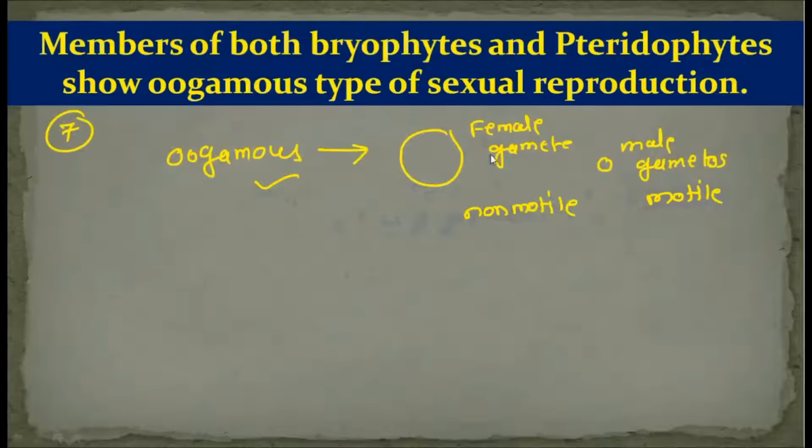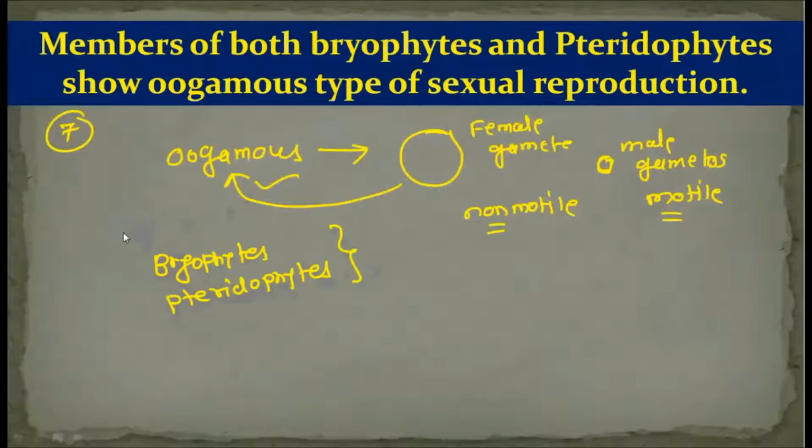So if the female gamete is larger in size and the male gamete is smaller in size, while the female gamete is non-motile in nature and male gametes are motile in nature, and there is reproduction in such a condition, we say that such reproduction is the oogamous type of reproduction. Both bryophytes and pteridophytes show the oogamous type of reproduction.